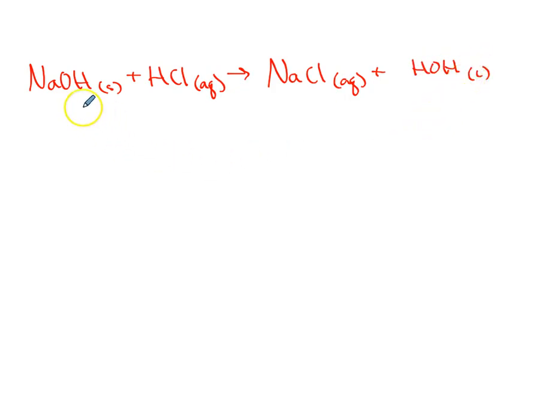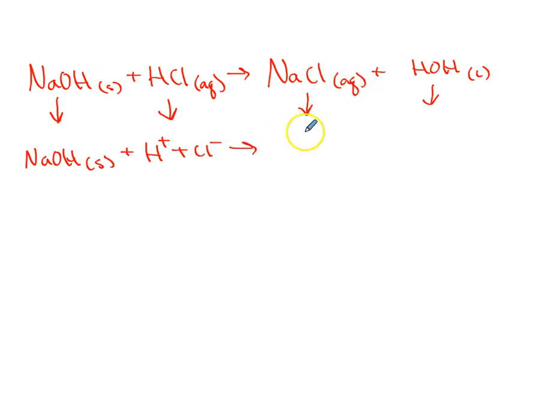All right, if I break this down into the complete ionic, which I didn't cover in class a ton, but you should have read it, the solid is still represented as a solid. Anything aqueous is broken into its parts. H plus Cl minus goes to another aqueous thing here, which is Na plus Cl minus. And that goes to HOH, which stays together because it's liquid.